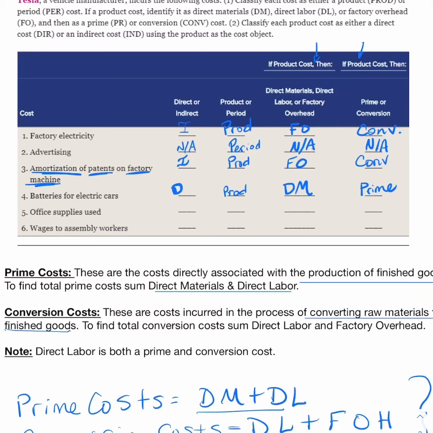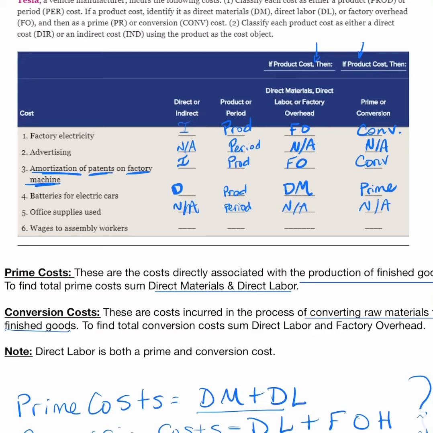Next, office supplies used gives us an NA for direct or indirect. It is a period cost. Once again, an NA for the last two columns because those two columns only apply if you have a product cost. Since that is a period cost, that will not be applicable.